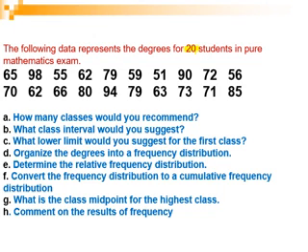So the first step, we use 2 to the power k greater than n to determine the number of classes, where k is the number of classes that we want to determine, and n is the 20 students, the sample size.